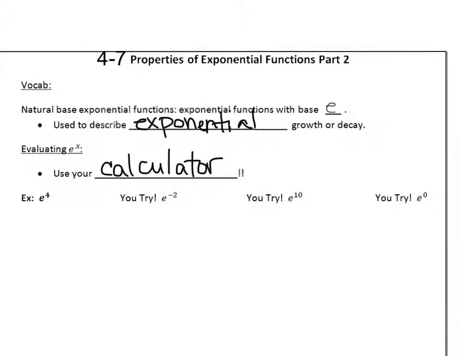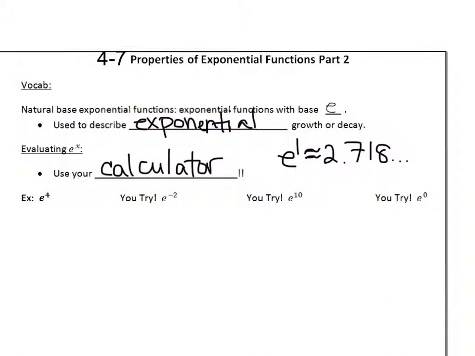Now, sometimes you push the e to the x first and then the exponent, and sometimes you push the exponent first and then the e to the x. So, e to the 1 is approximately 2.718 dot dot dot. So in your calculators, see which way you have to push it to get 2.718.